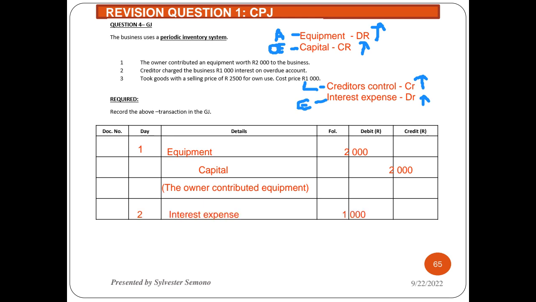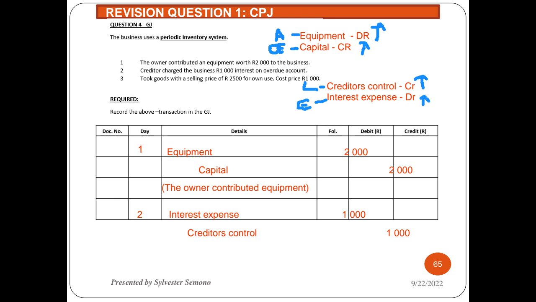And then the other account is going to be creditors control, which is 1,000. Does that make sense? Yes. No problem, guys.